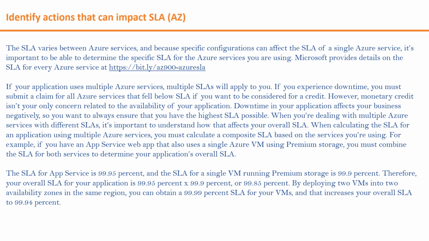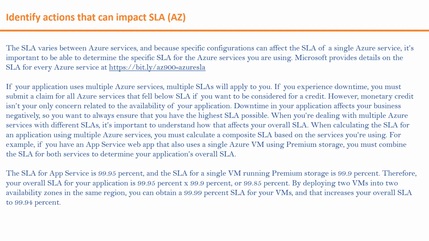When calculating the SLA for an application using multiple Azure services, you must calculate a composite SLA based on the services you are using. For example, if you have an app service web app that also uses a single Azure VM using premium storage, you must combine the SLA for both services to determine your application's overall SLA.